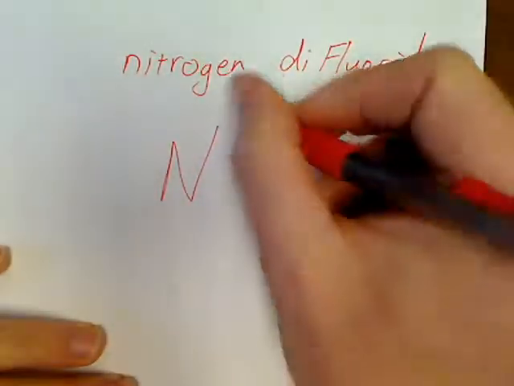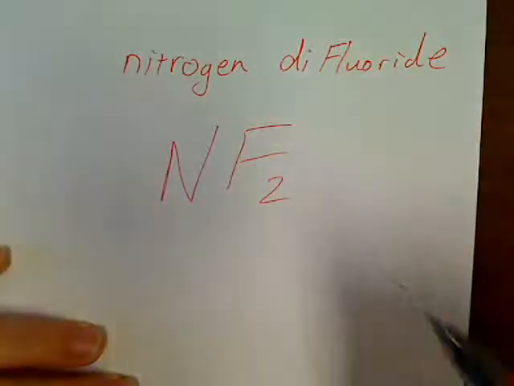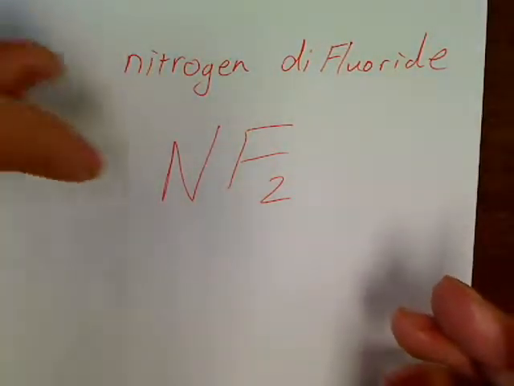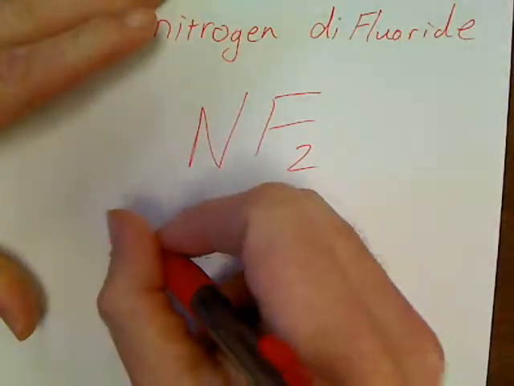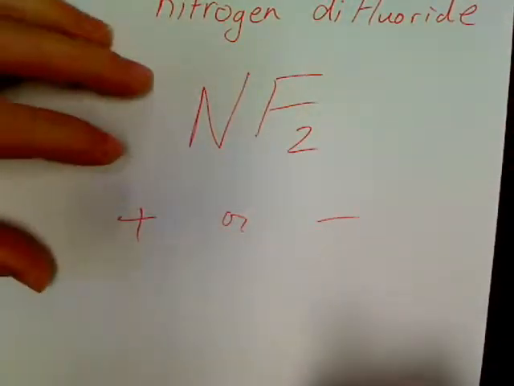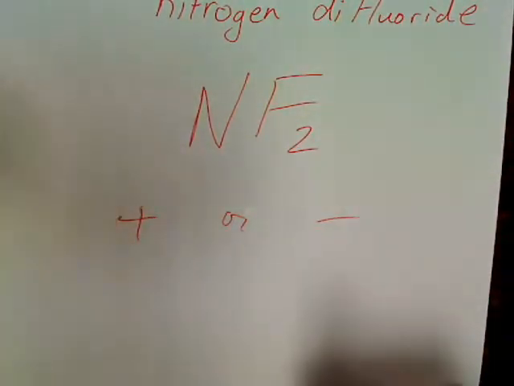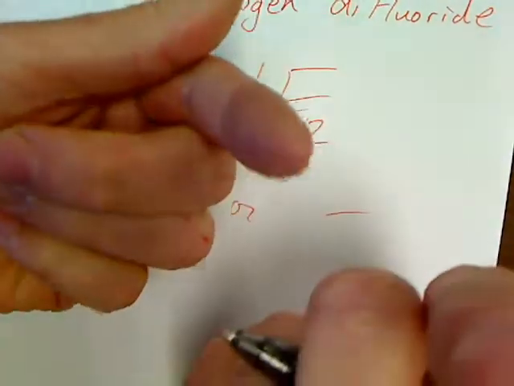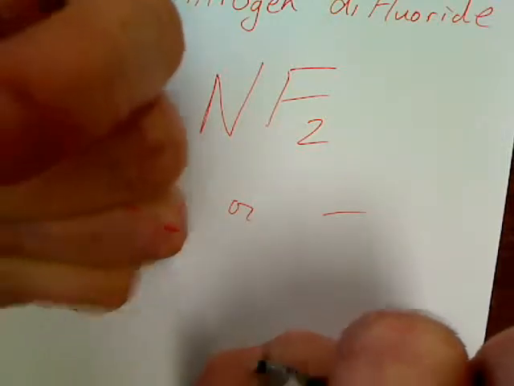Nitrogen is an N. Difluoride means NF2. And that's the answer. Notice how, when you're doing covalence, you don't need your pluses or your minuses. And it's very hard for me to say that because I am a plus and minus kind of guy.